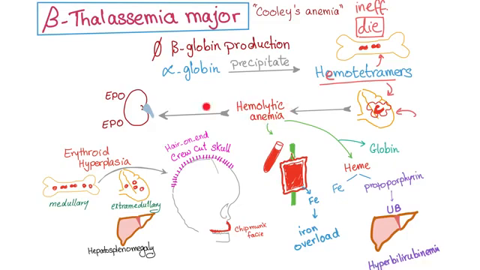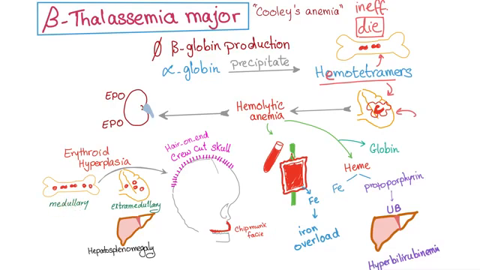Hemolytic anemia, the kidney will respond by increasing erythropoietin production. Erythropoietin will lead to something called erythroid hyperplasia. Erythroid is the cell line that produces RBCs, and hyperplasia means increasing the number of cells. So we increase the number of RBCs, and we increase the formation, increase production in the bone marrow.